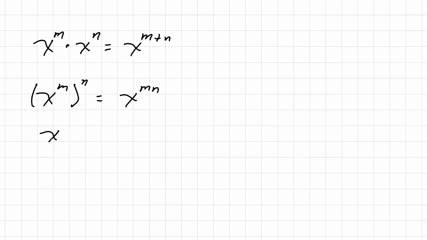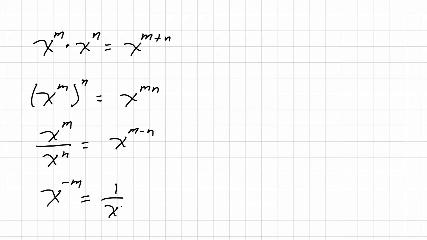If we take exponents and divide them, then we subtract. And if we have a negative exponent, we write it as a fraction. Basically, whatever is negative goes either from the numerator to the denominator or from the denominator to the numerator.